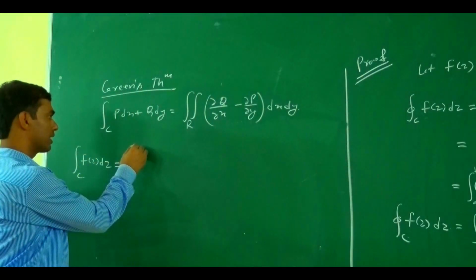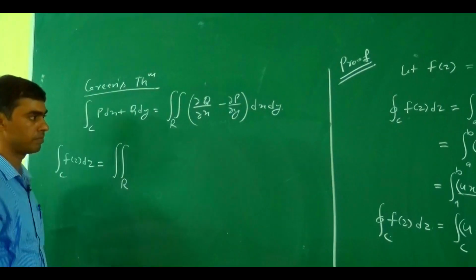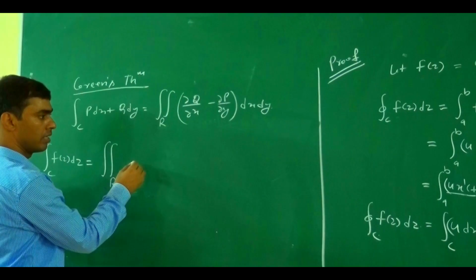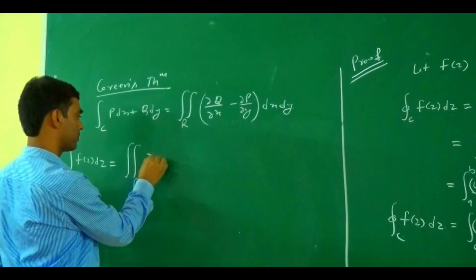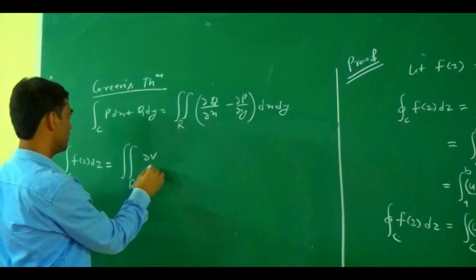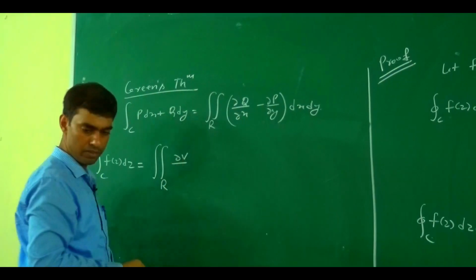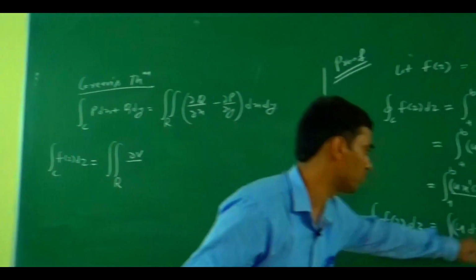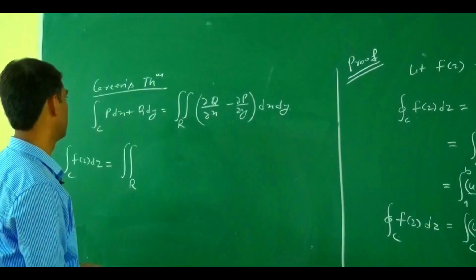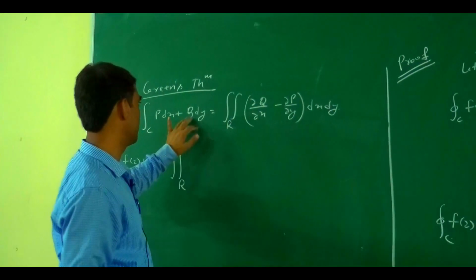Then this is converted into the integral over R of (u dx minus v dy), so del Q upon del x minus del P upon del y, where Q is minus v.